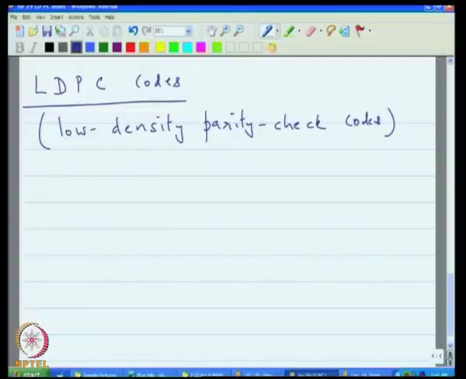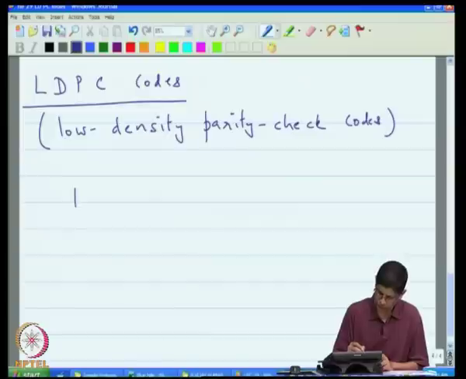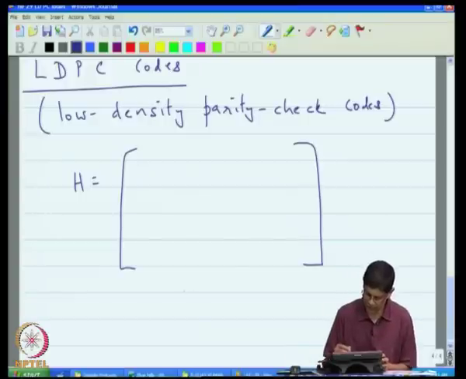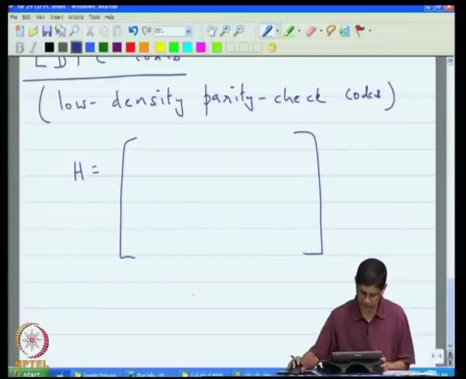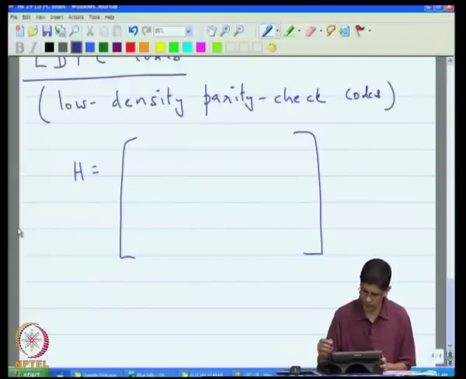So these are block codes, and every block code has a parity check matrix. So supposing you look at a parity check matrix, then as we know, typically if you are talking about a 7,4,2 code, so let me put that assumption here.